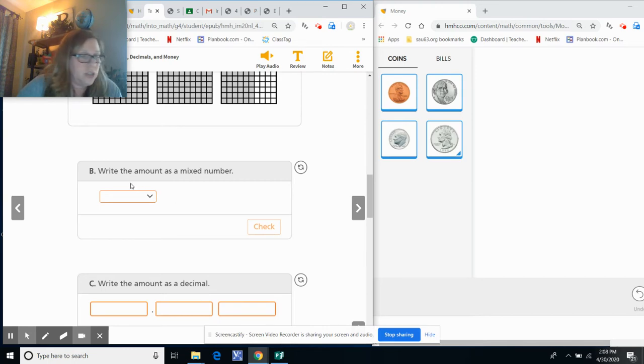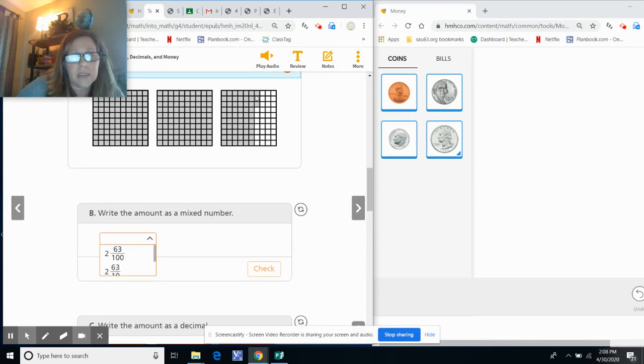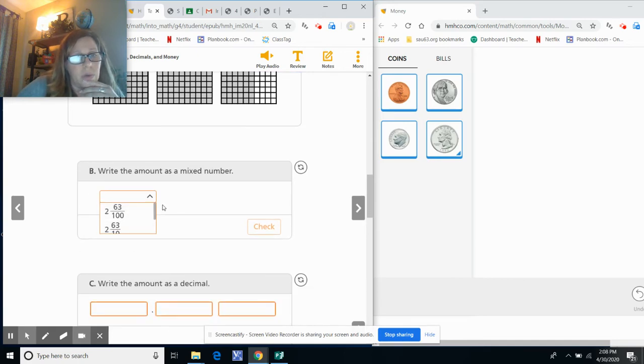So now on B, they want us to write the amount as a mixed number. So remember, the whole number is going to be right here next to the fraction. So we know we have 2 wholes. But now we've got to figure out what the fraction looks like. We said it's 63 out of 100, so which one of these represents that?